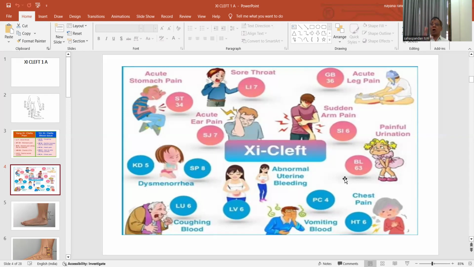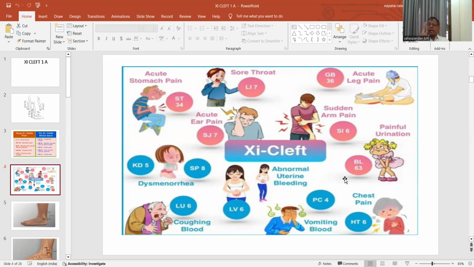GB35, gallbladder 35, for the yang linking vessel, and kidney 9 for the yin linking vessel. So these are the 4 additional Xi-cleft points: bladder 59, kidney 8, gallbladder 35, and kidney 9.